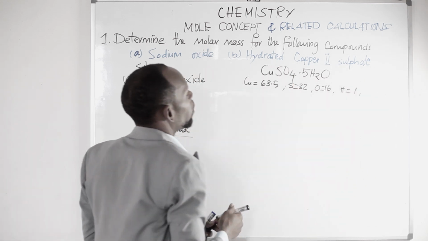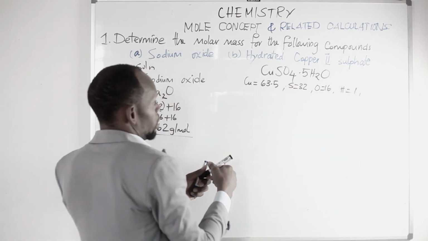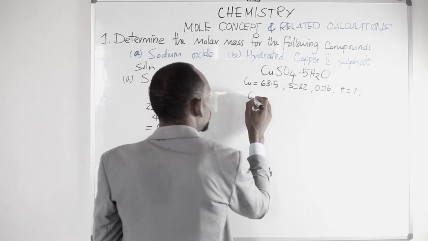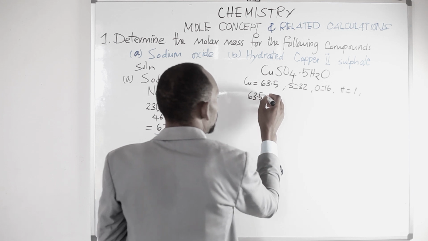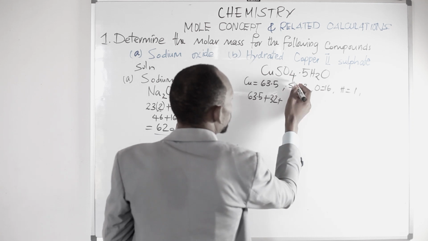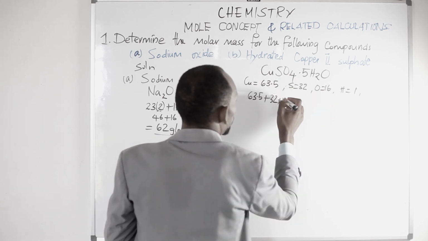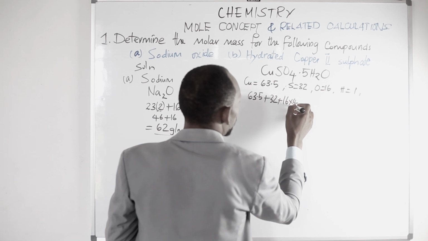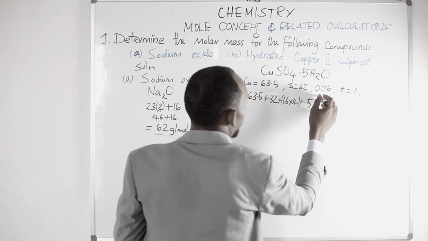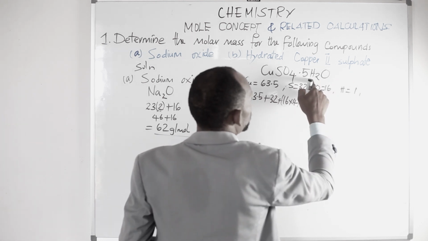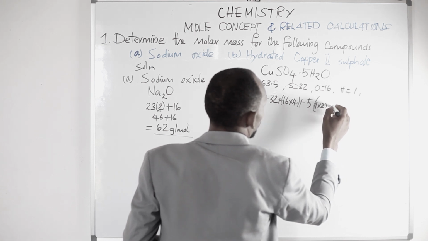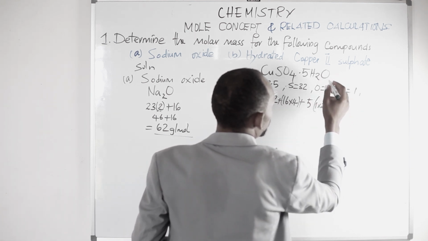Okay, so now let's calculate the total molar mass. Copper, 63.5, plus sulfur, which is 32, then plus oxygen. How many oxygen? The 16, how many? They are 4. So 16 times 4. Plus here 5 times water, H2O: hydrogen is 1 times 2, and oxygen, which is 16.